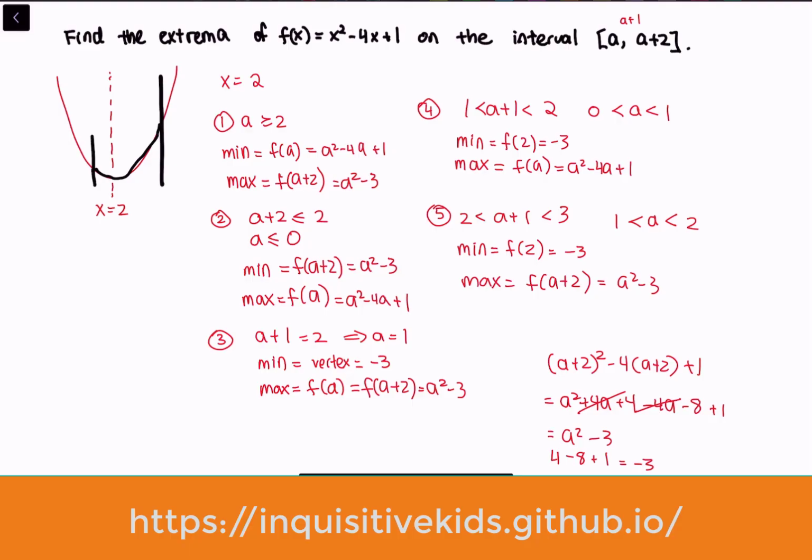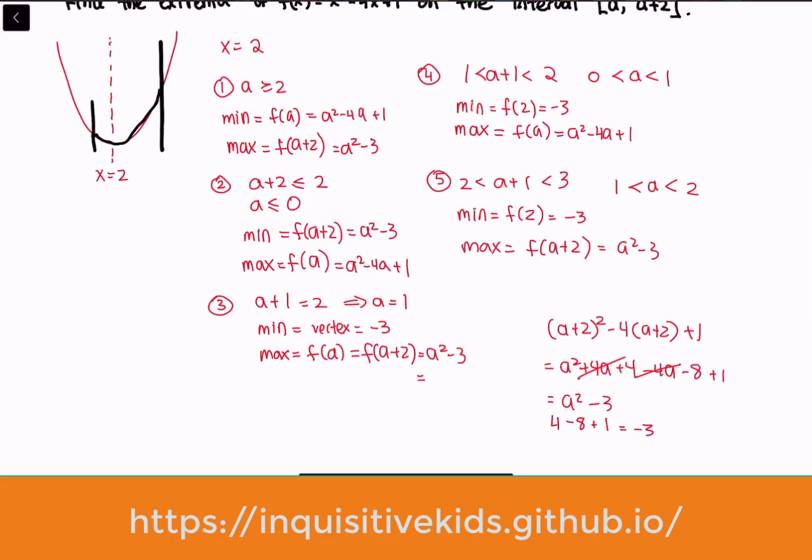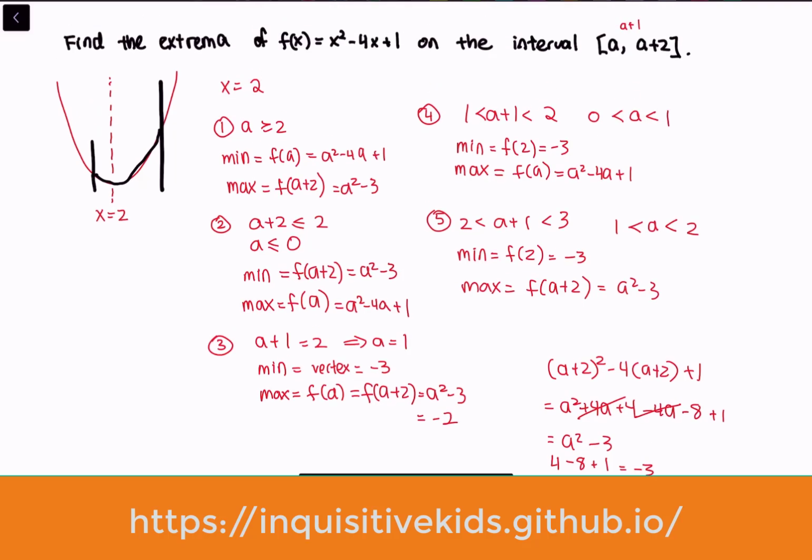When we have our specific third case, we know a is definitely equal to 1. So in this case, the maximum value, we just substitute 1 for a, is equal to negative 2. And there we have it. We have all of the extrema for f of x on the interval from a to a plus 2 in all 5 possible cases.